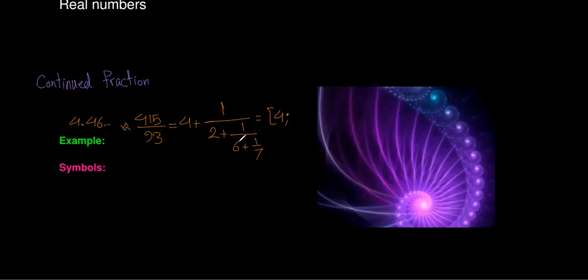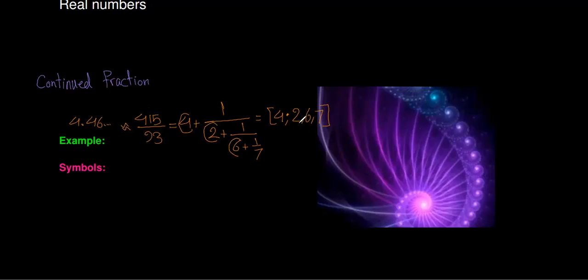After that I put 2 here, then 6 here: 4, 2, 6, and 7. If I give you this, it means you have this number. So for a positive rational number we can use this word. Right now we have one word with 4 letters, or 4 symbols.